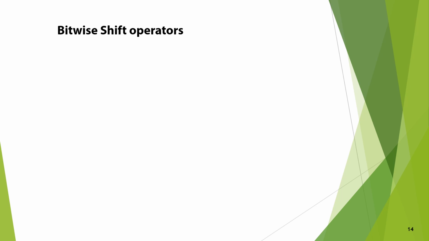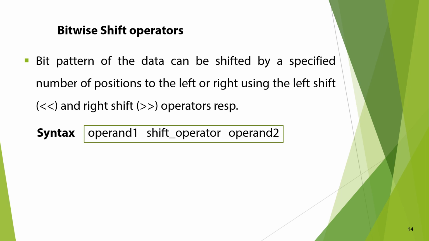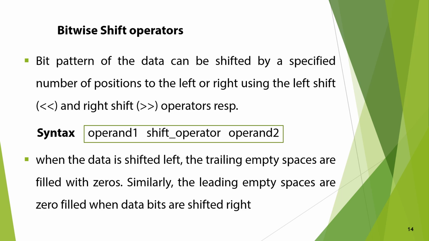By using bitwise shift operators, we can shift the bit pattern to specific positions to the left or to the right. Its syntax is, first we write operand 1, then the particular shift operator, that is left shift or right shift, and then operand 2.